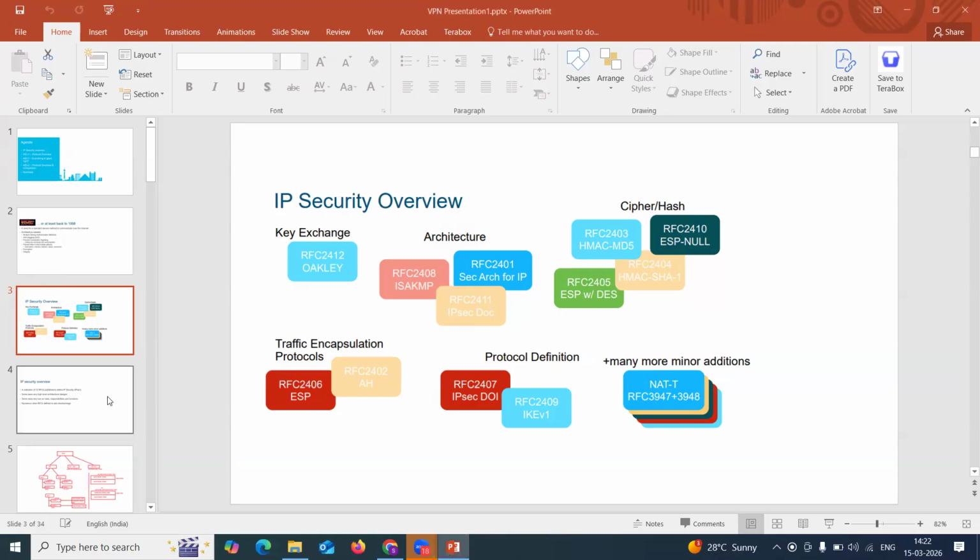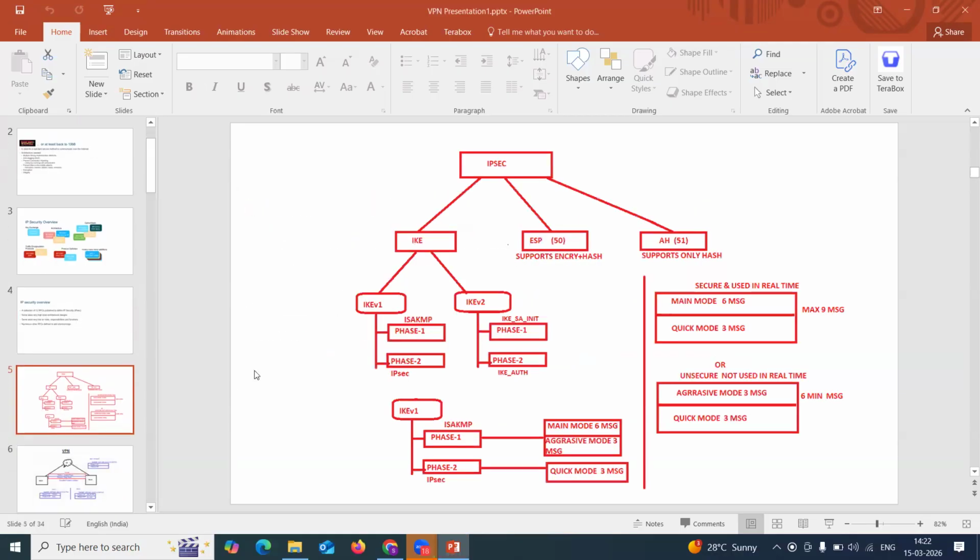So always try preferring to go for IPsec. Now I would like to ask you, what is IPsec? How do you define IPsec? Tell me.